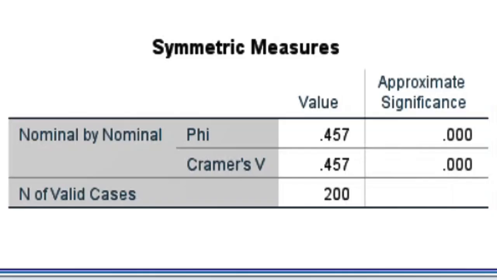Keep in mind, when the value of Phi and Cramer V is close to 1, it indicates a strong association between two variables, and as we approach 0, it reflects a weak association between the two variables.